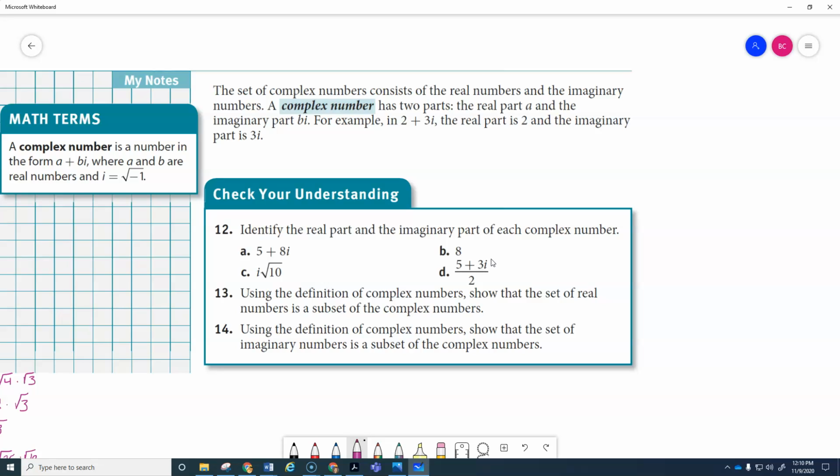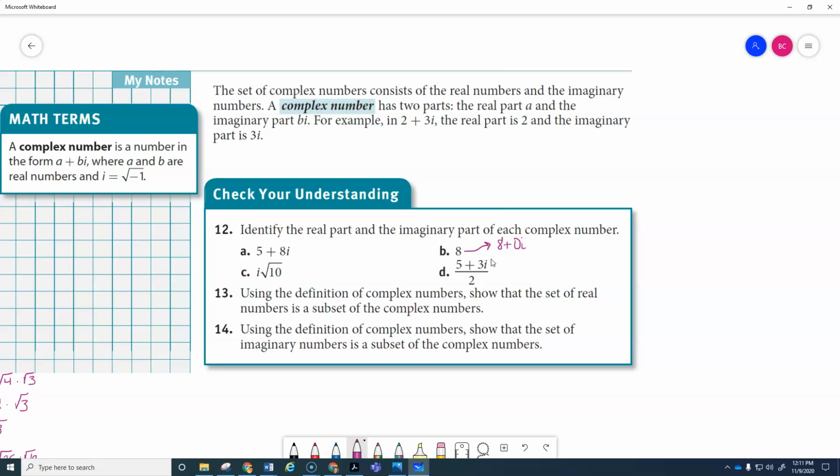And to make things even more confusing, every number that we've ever dealt with in the whole wide world, for example this number 8 right here, is a complex number. It has a real part and it has an imaginary part. So if I rewrite it, it becomes 8 plus 0i. That way you can see there's the real part and there's the imaginary part.